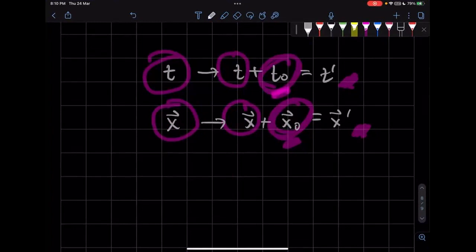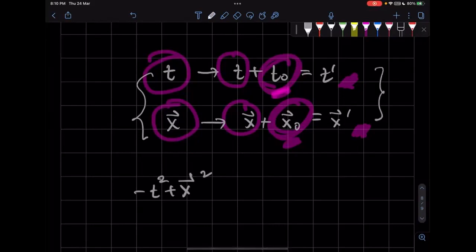When we are measuring, say, the interval, we are still using minus t squared plus x squared, right? And here, we are using the interval, which is minus t prime squared plus x prime squared, right?